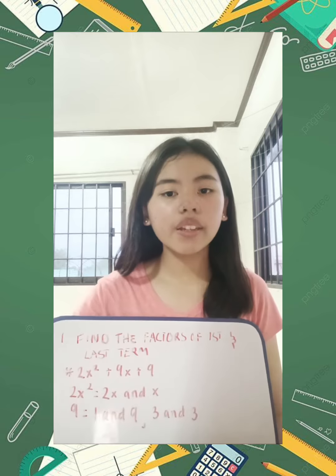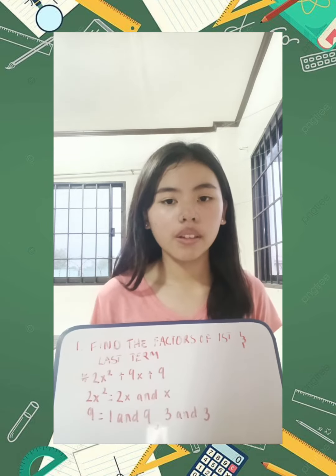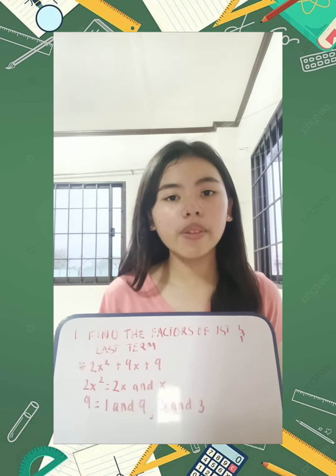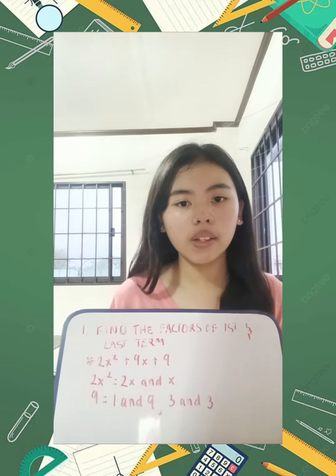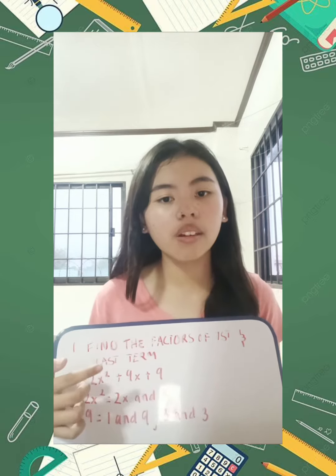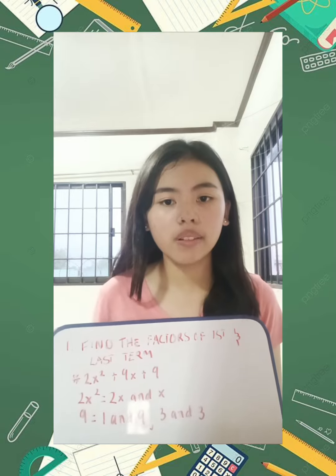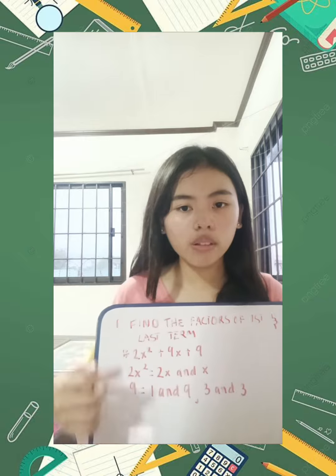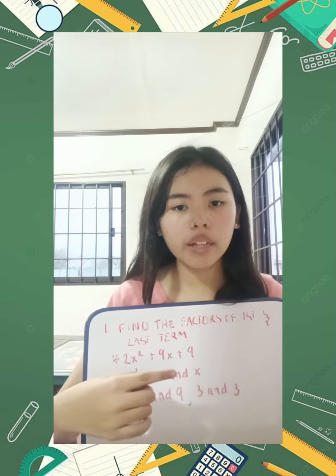The last topic is factoring quadratic trinomials. The first step in factoring quadratic trinomials is we will find the factors of the first and last term of the trinomial. So I have this example, 2x squared plus 9x plus 9.